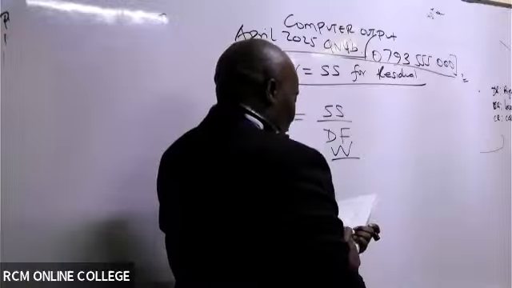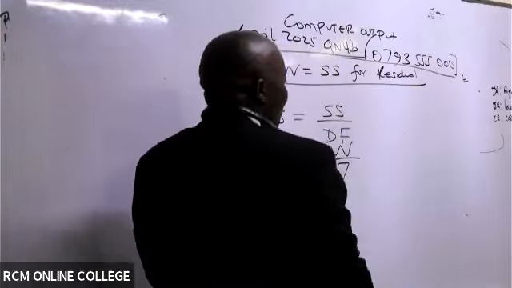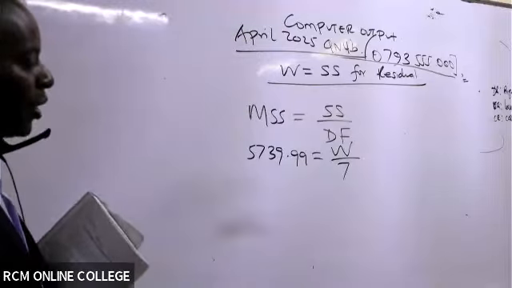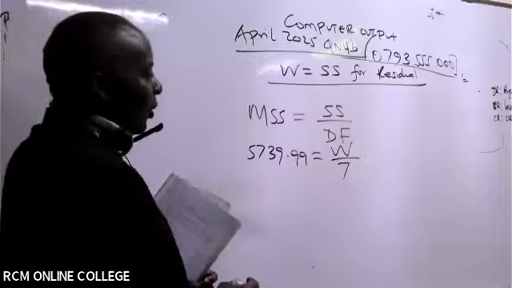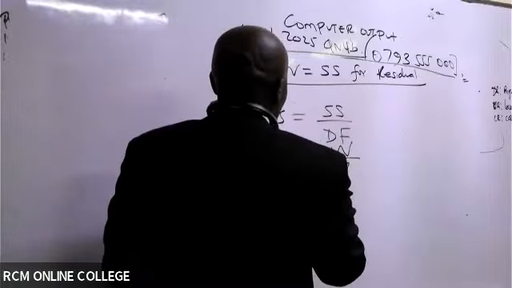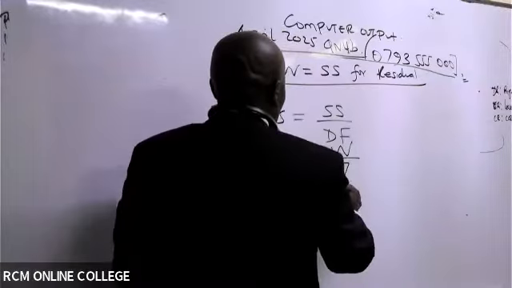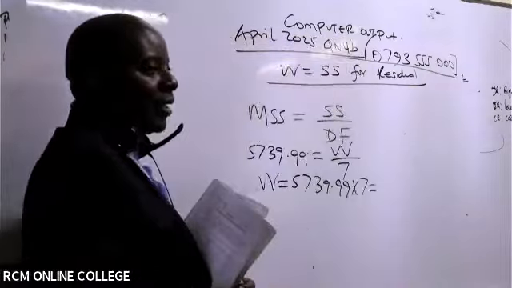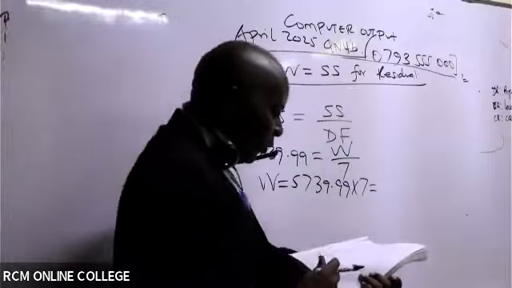For residual, degrees of freedom are 7. So now make W the subject of the formula. If I cross multiply, my W will be 5739.99 times 7, which now will end up giving us what figure?